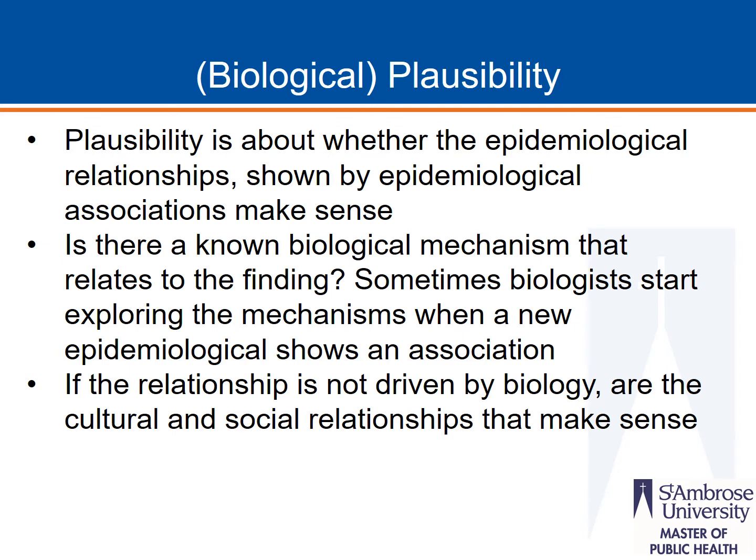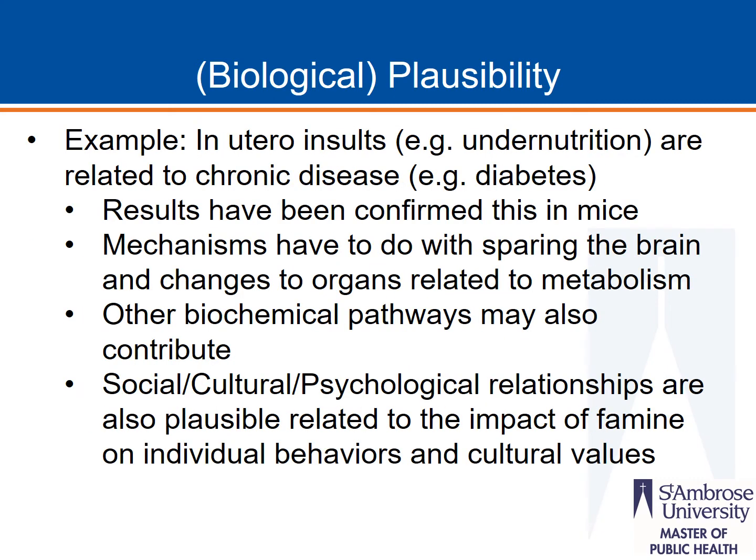on biological plausibility. I'm going to give an example about plausibility using information that I'm very familiar with on the relationship between in utero, or during pregnancy, undernutrition, or other what we call insults. And I'm just going to use the example of undernutrition, although it's broader than just undernutrition.